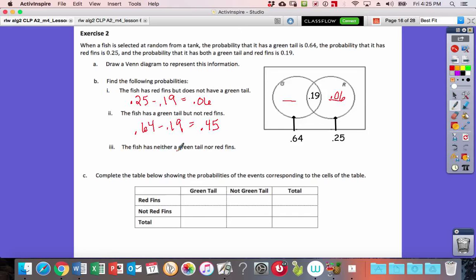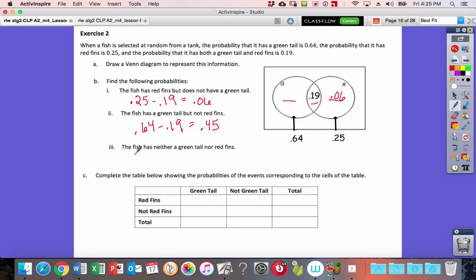Now, if the fish has neither green tail nor red fins, it's going to be right in there. You already know that. Oh, no, wait, that's if it has both of them. Let's read the question again. The fish has neither a green tail nor red fins, so it's everybody out here.